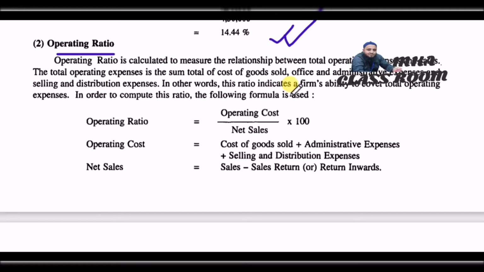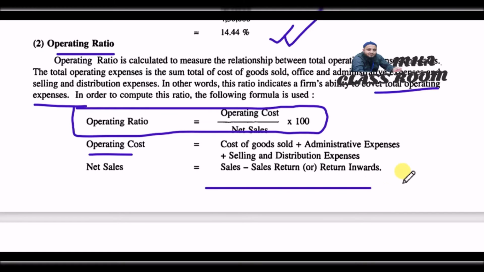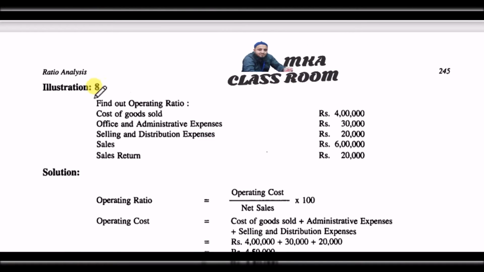In other words, the ratio indicates a firm's ability to cover total operating expenses. To compute this ratio we use the formula: operating ratio equals operating cost divided by net sales into 100. Operating cost is the cost of goods sold plus administrative expenses plus selling and distribution expenses. Net sales is sales minus sales return. These are the formulas.